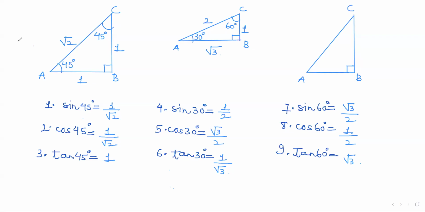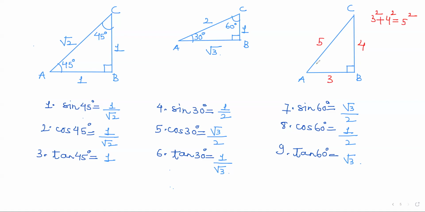Good answers. Sine 60 is root 3 by 2, 1 by 2, and root 3. Now the last triangle is a very important triangle. This is formed by the smallest Pythagorean triplet. Smallest Pythagorean triplet means the smallest positive integers which form a right angle triangle: 3, 4, and 5. 3 square plus 4 square is 5 square, so that is how it forms a Pythagorean triplet.